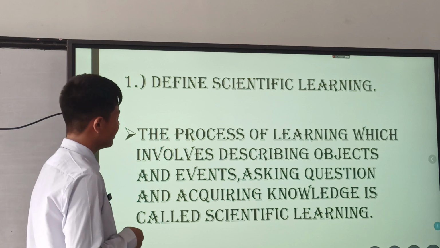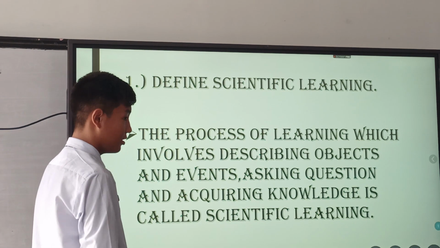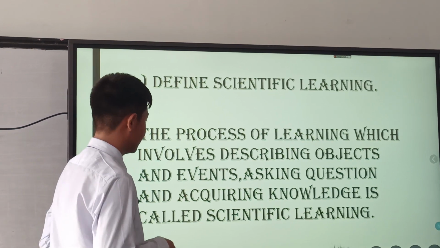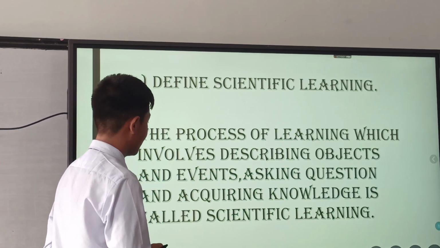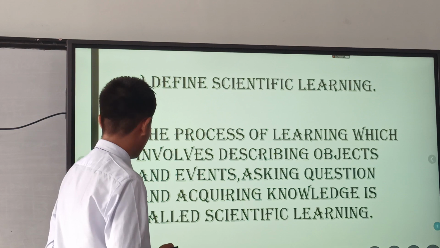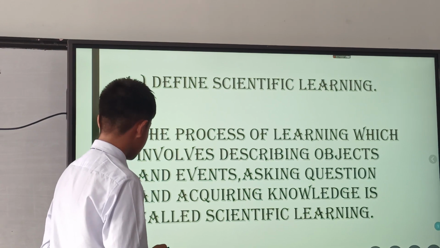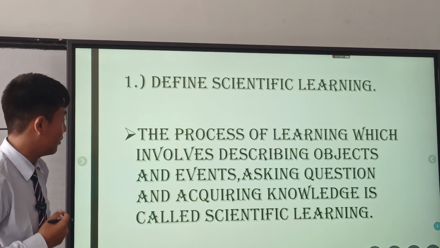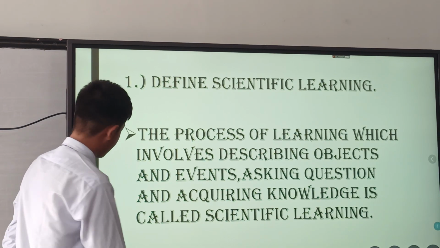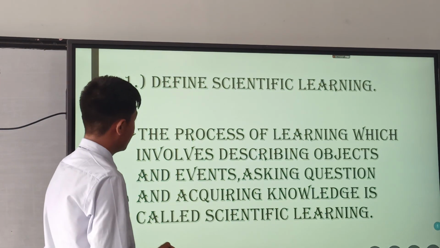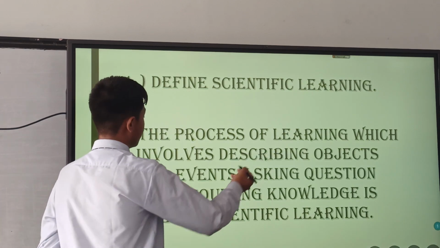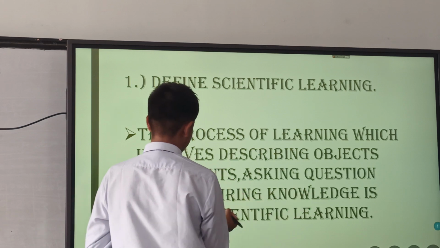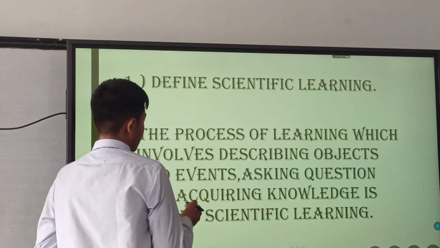Define scientific learning. The process of learning which involves describing objects and events, asking questions, and acquiring knowledge is called scientific learning. We have already read this in chapter 1, and we have already presented about this, but still, let me explain.